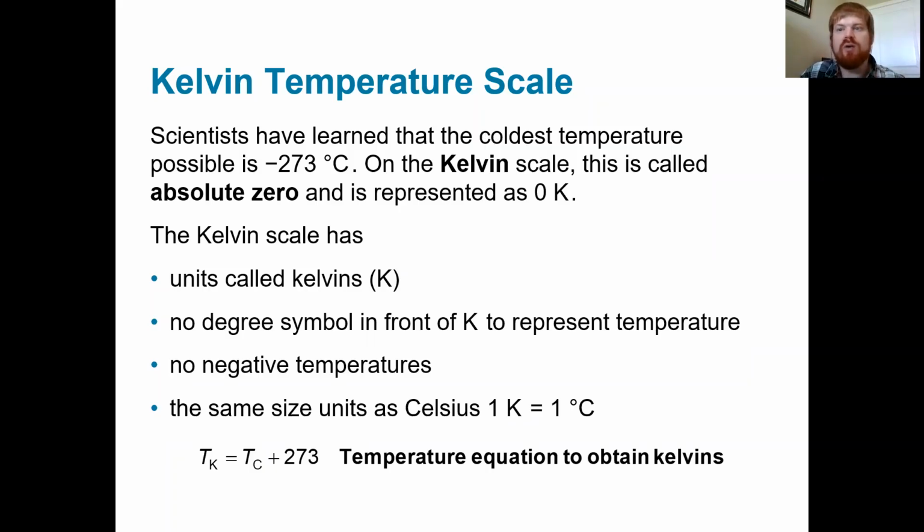We have an absolute zero, which is 0 Kelvin. And so it's just like saying 1.23 grams. Well, 0 grams is 0. Same thing with temperature in terms of Kelvin. So don't use the degree symbol with the Kelvin symbol. Also, negative Kelvin temperatures are impossible. So no negative Kelvin temperatures will exist.